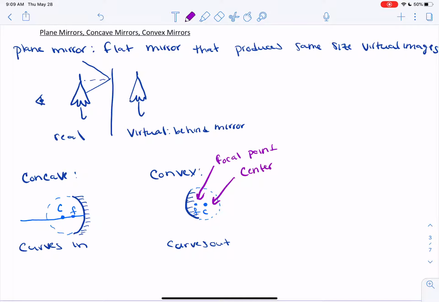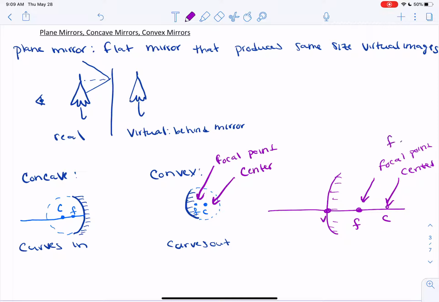So now when we're drawing these, you're going to draw a straight line, you're going to draw your mirror, and then you're going to include your focal point, your center, and this is called the vertex. So this point is called the center. Halfway between the center and the mirror is the focal point. And again, focal point is half to the center.